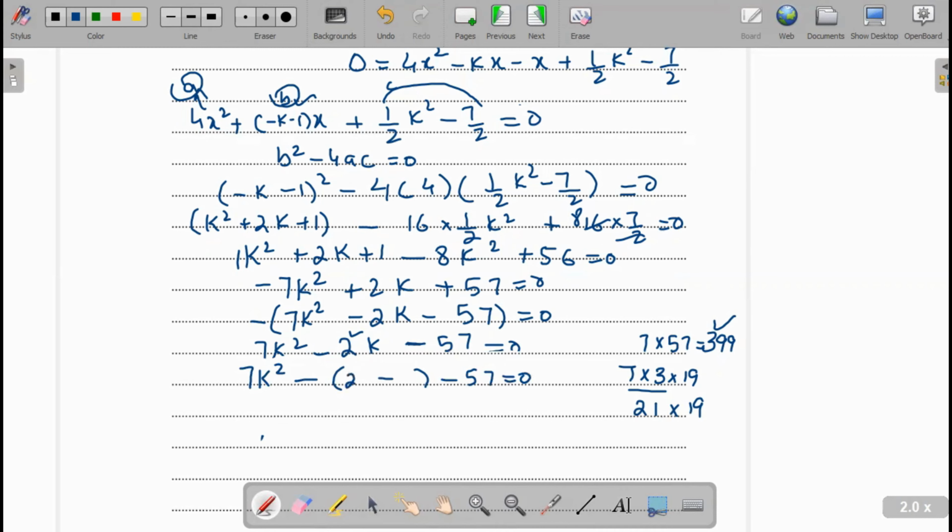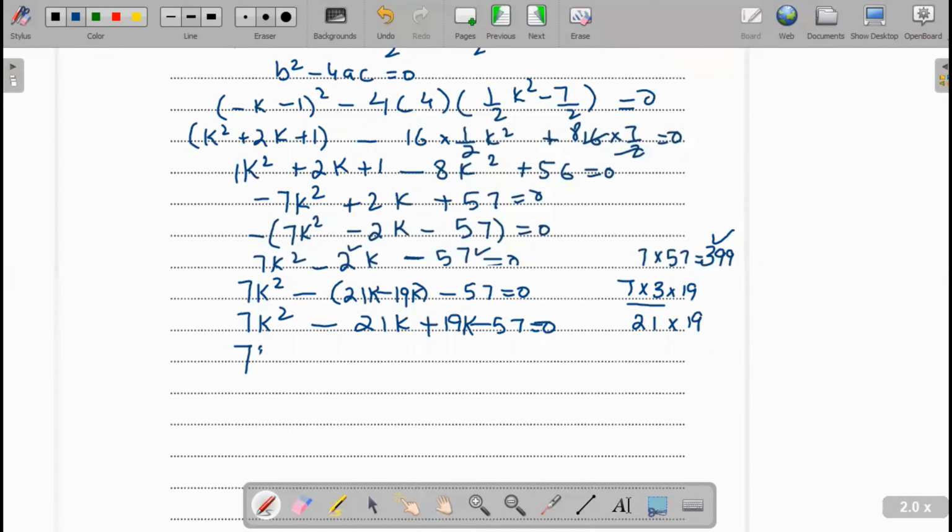We write 21k minus 19k, which gives 2k. Now 7k square minus 21k plus 19k minus 57 equal to 0. Taking 7k common, we get k minus 3, then taking 19 as common, we get k minus 3.